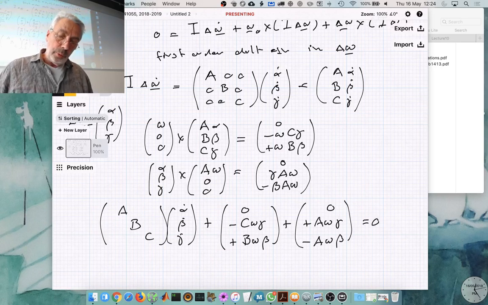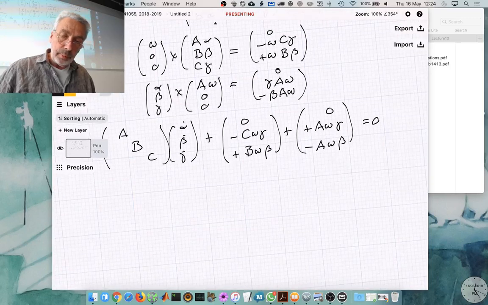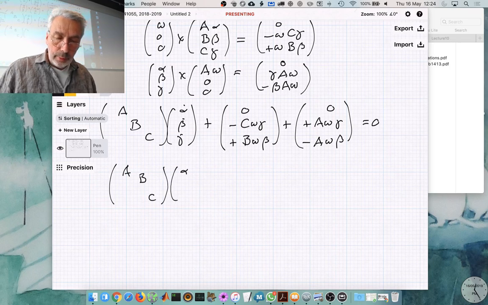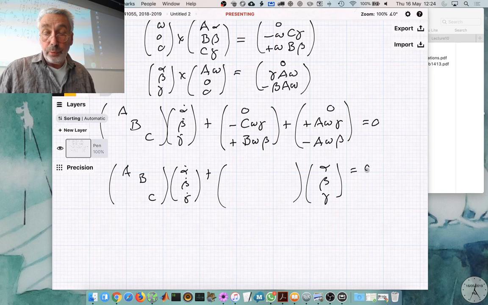It's 0. And of course, I can write this in a linear sense with alpha, beta, gamma. So again, I write A, B, C, I write alpha dot, beta dot, gamma dot, and now I'm going to write this alpha, beta, gamma, because I want to have my first order differential equation.